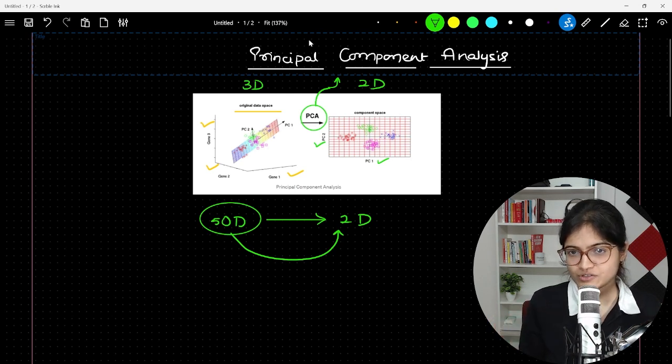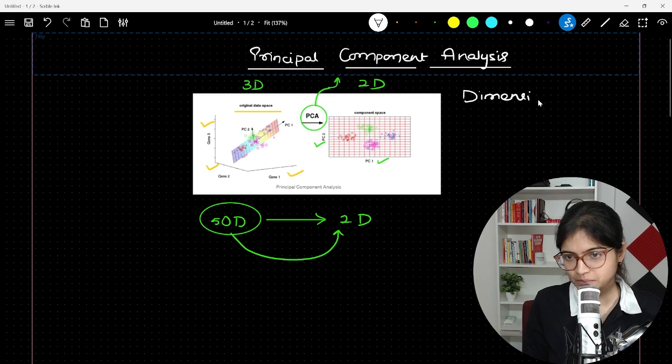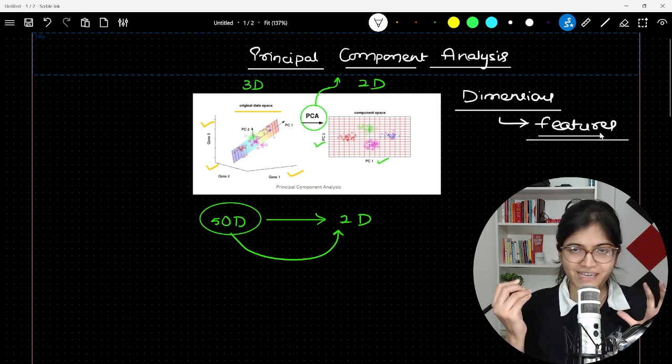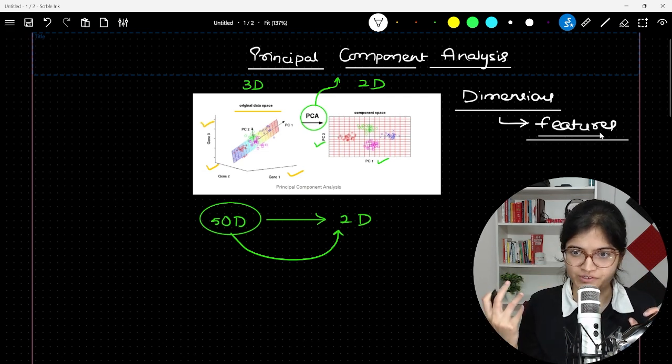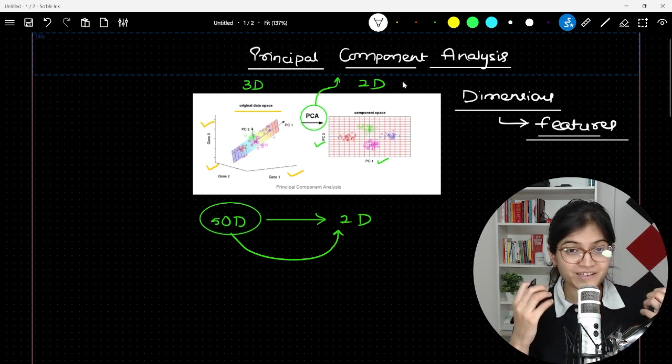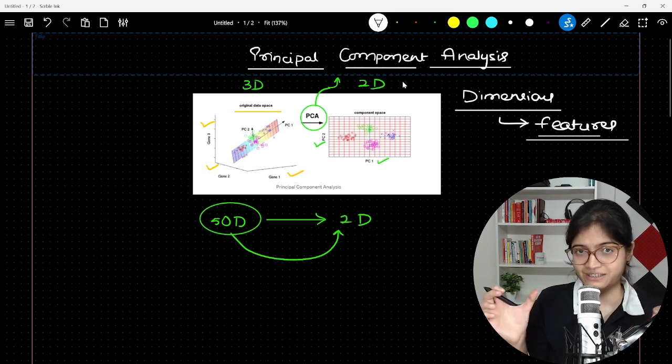When we are saying dimensions, always remember this thing. I think in the previous sessions I also talked about this term. Dimensions literally means features only. Always remember, I am trying to convey the same thing when I say dimensions of the features: we are trying to reduce the features. And one important thing, many people believe that they are the same, but this is not a feature selection technique.